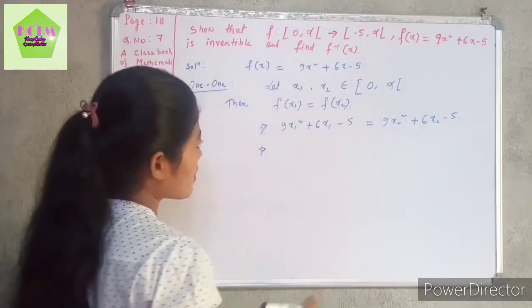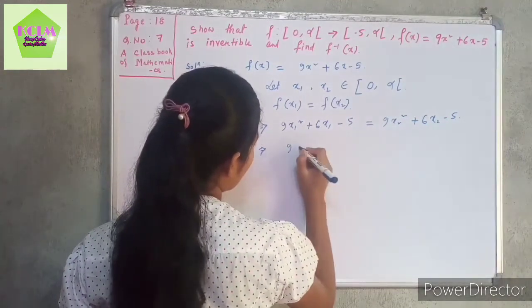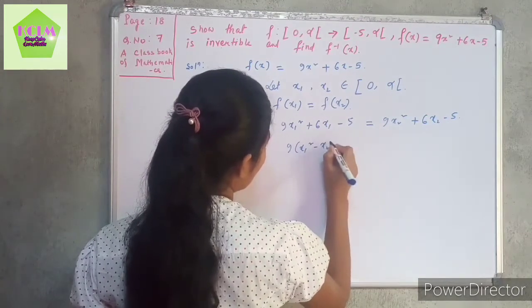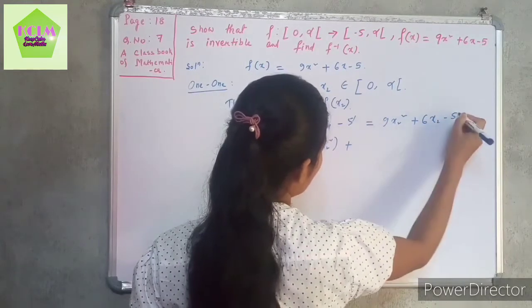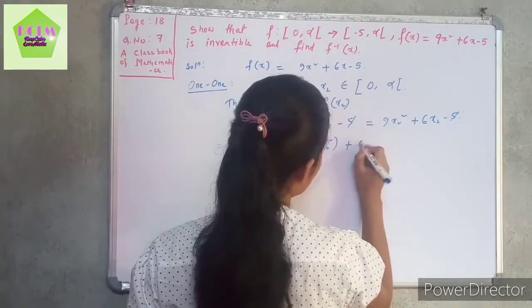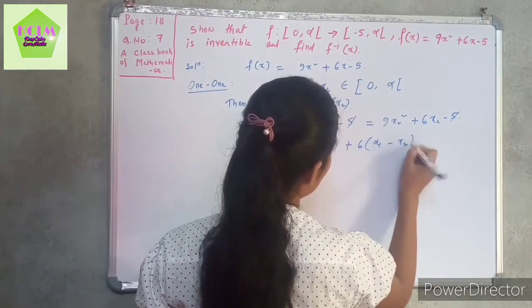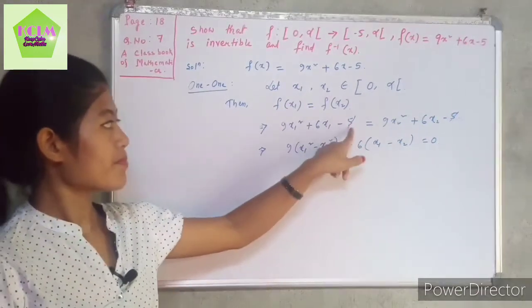So if we simplify this, we get this. Here minus 5 cancels out.